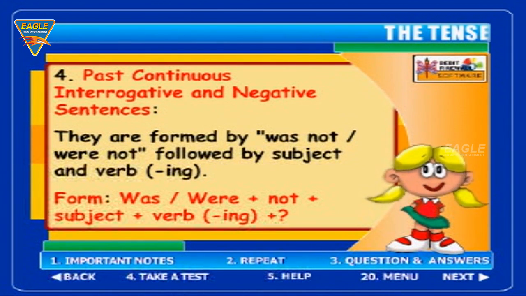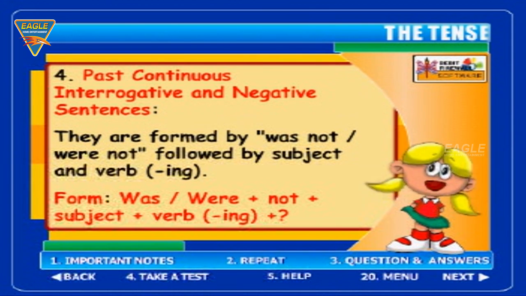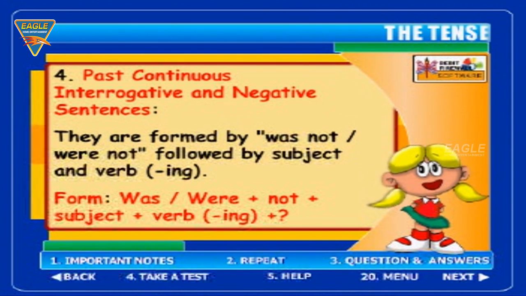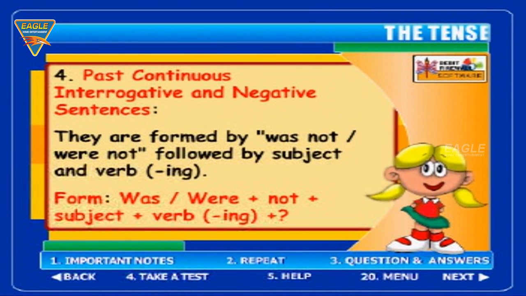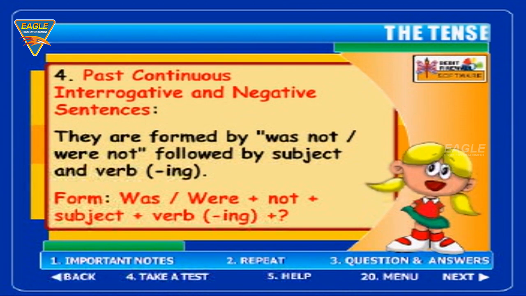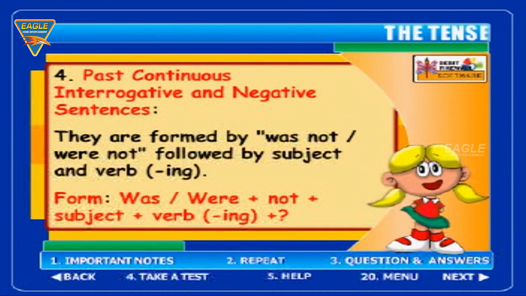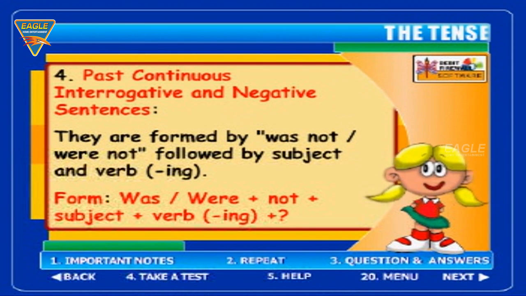Past continuous interrogative and negative sentences. They are formed by was not or were not, followed by subject and verb ing. Form: was or were plus not plus subject plus verb ing plus question.